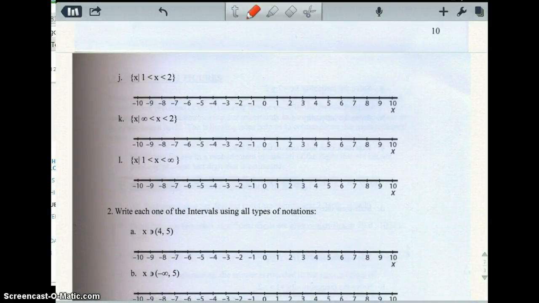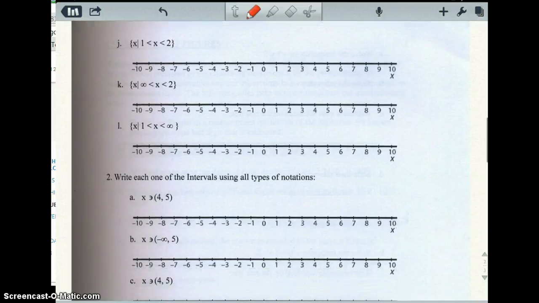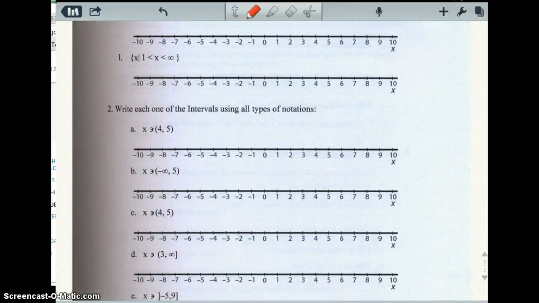Okay, now down here in number 2, the only difference between what you did before and what you're doing here is, it says using all types of notation. Okay, so if they give you the round parentheses notation, you're going to change that to the less than or equal to notation. So now remember, if it's a round parentheses, it means that 4 is not included.